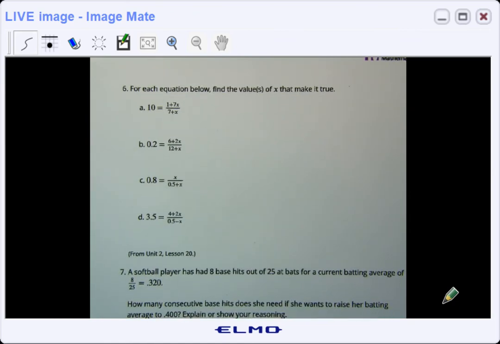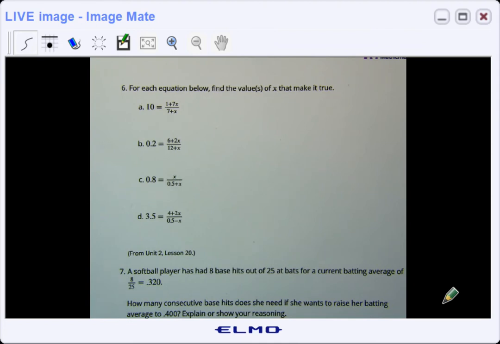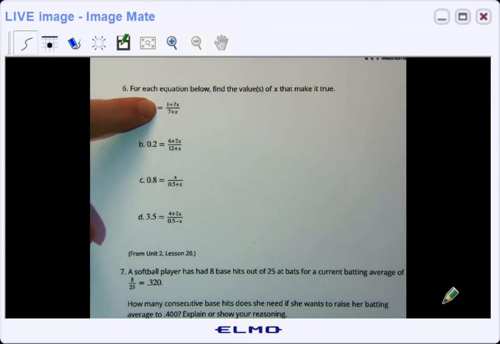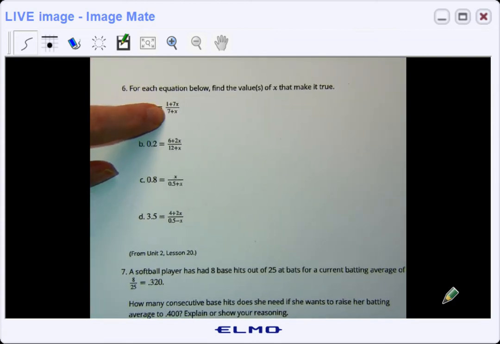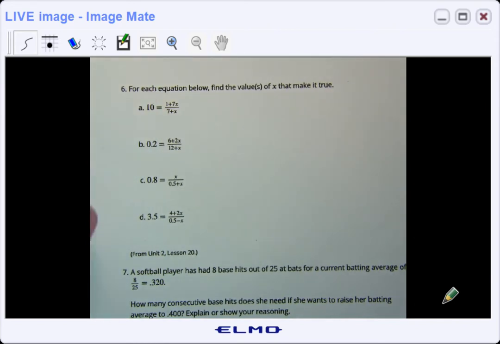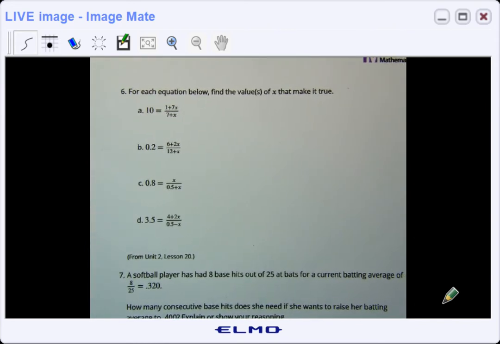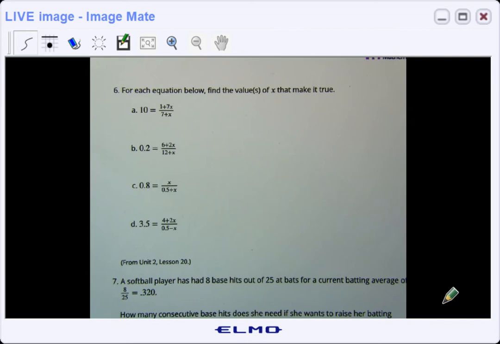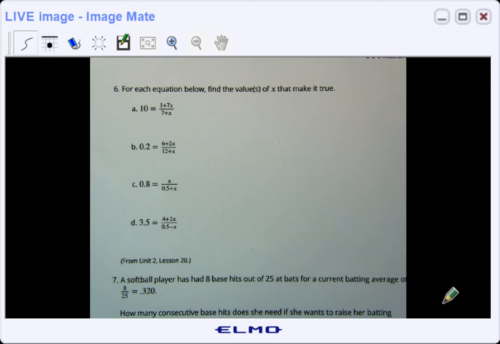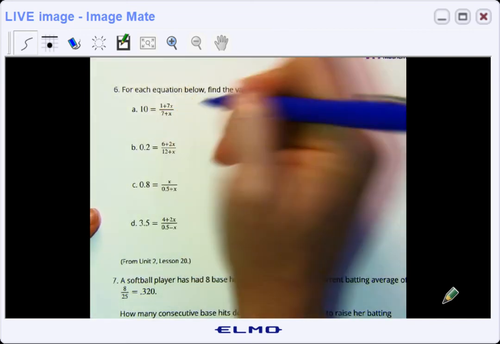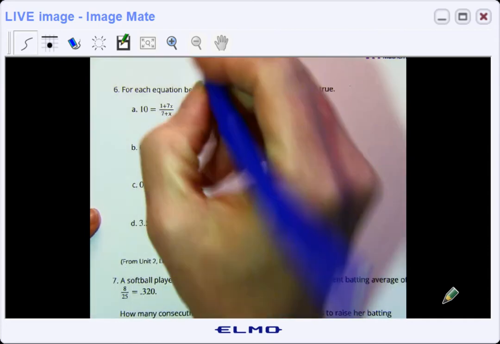On number 6, there are 4 equations to solve, and they're all really similar because we have some constant equal to a linear expression divided by a linear expression. To solve that, I'm going to start each one by multiplying by the denominator of the side that has the fraction.